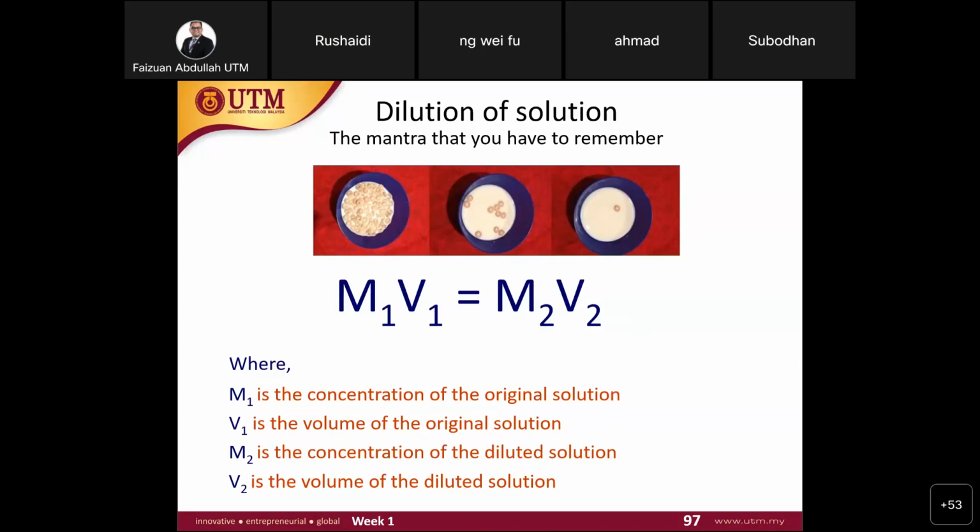Normally the original solution is more concentrated than the diluted one, of course. Then how much of the original solution do you need to take? This is a mantra that you need to always remember. This is a formula, right?